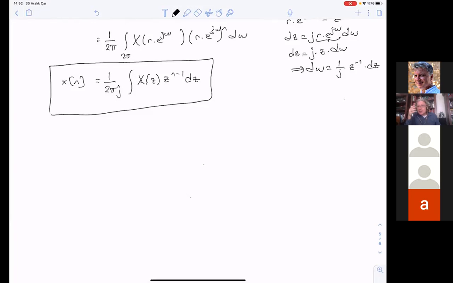Then what are the values of z? You can write it in 2 alternative ways. So the integral symbol could be written as r times e to the j0 to r times e to the j2 pi, or something like this, if you wish.